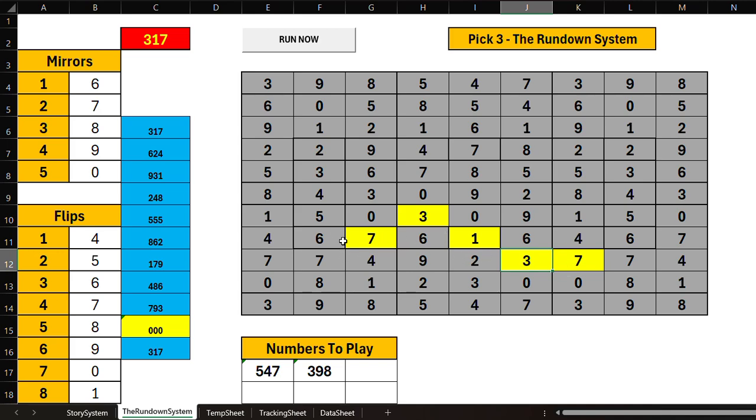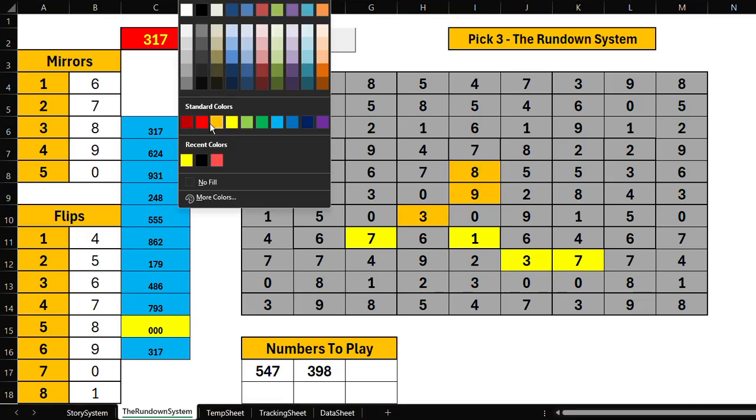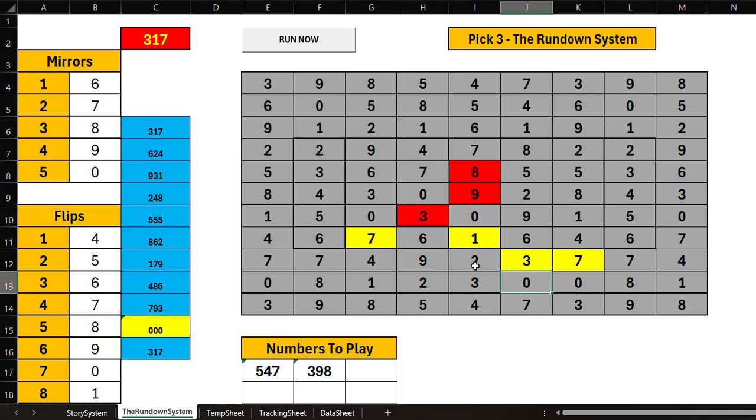Is there a 398 attached to this? So there's a 398 coming down this way. What about over here? 3, 9, but there's no 8, unless you change this 3 into an 8 yourself, like doing the mirror side, but I don't like doing that.